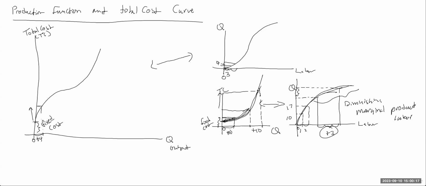We have the total cost curve increasing at an increasing rate. Okay. Again, this part right here is due to diminishing marginal product of labor. And this part right here is because of startup costs.